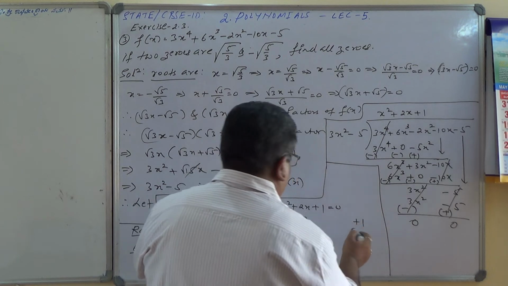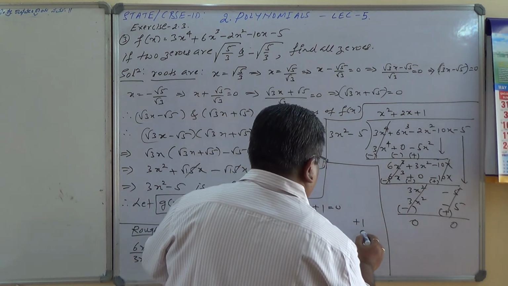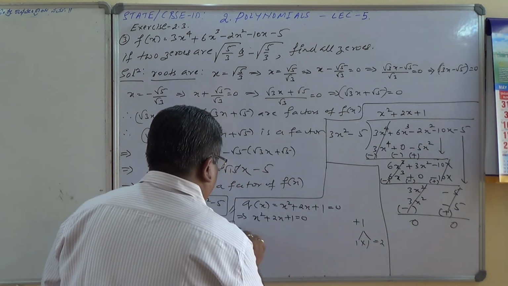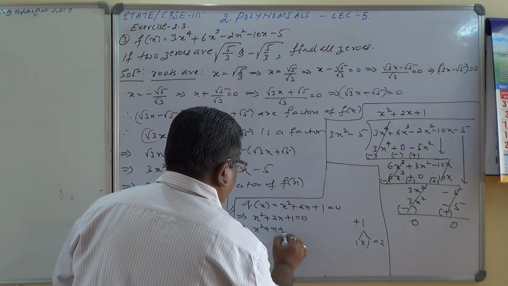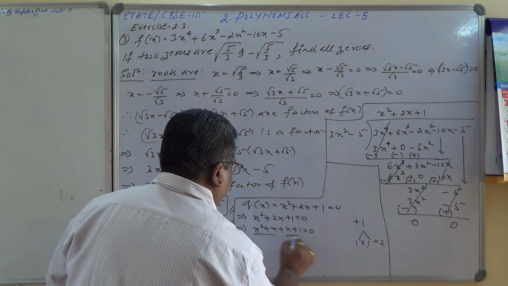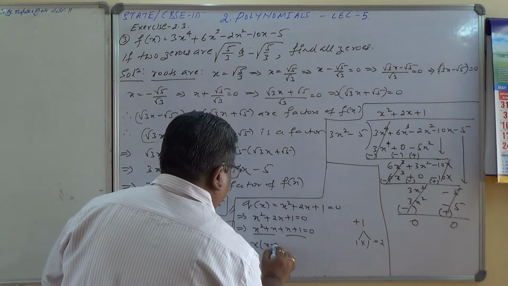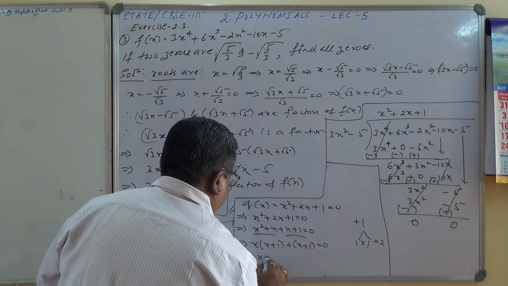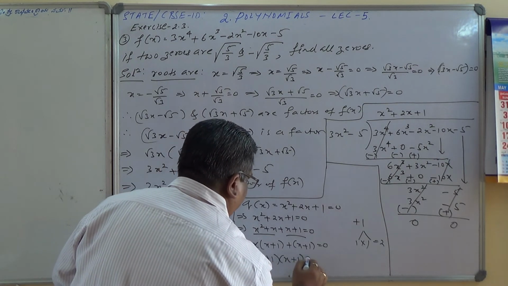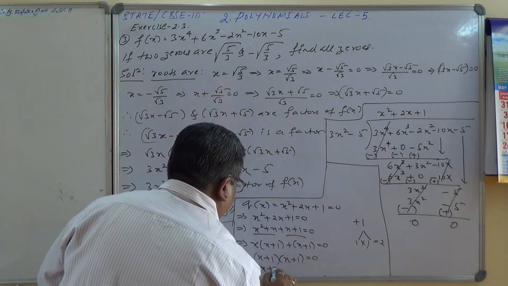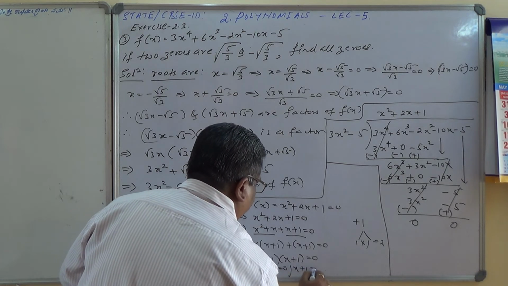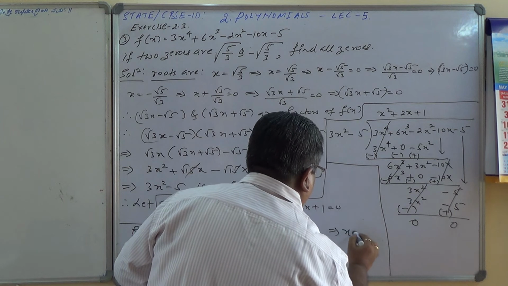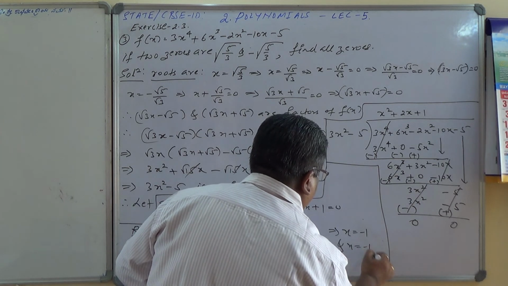So here I require 1 into 1, which implies x square plus x plus x plus 1 equals 0. Take common: x into x plus 1 plus 1 into x plus 1 equals 0, implies x plus 1 into x plus 1 equals 0, implies x plus 1 equals 0, x plus 1 equals 0, and therefore x equals minus 1 and x equals minus 1.